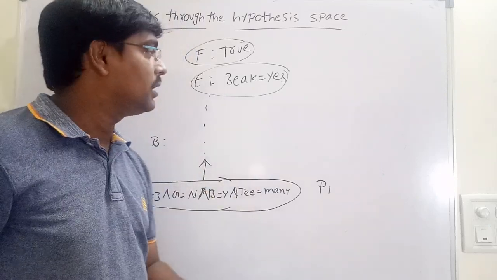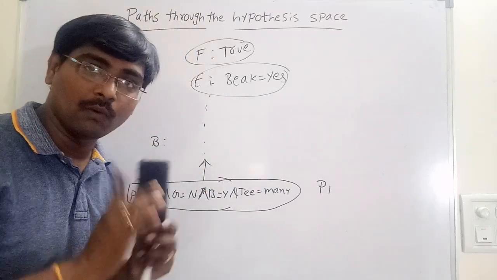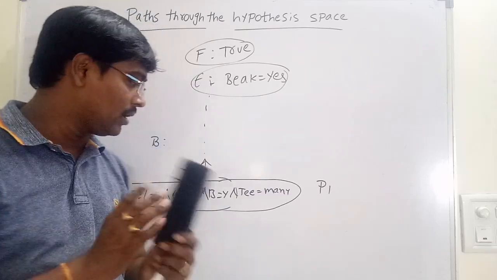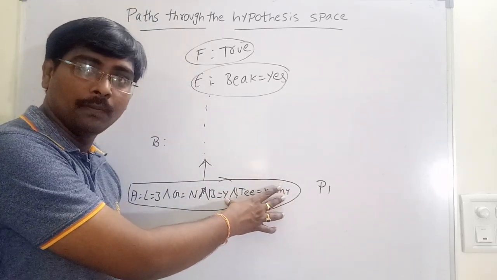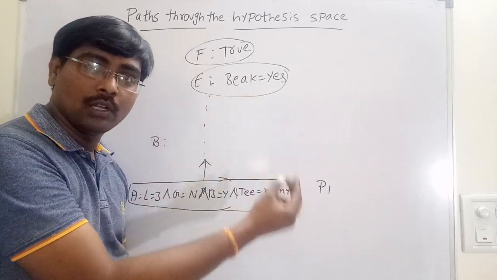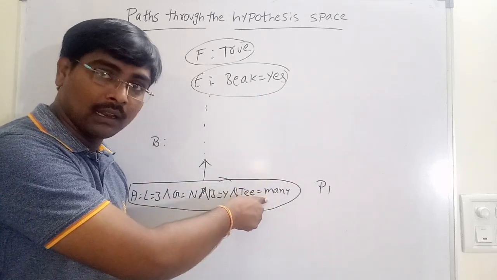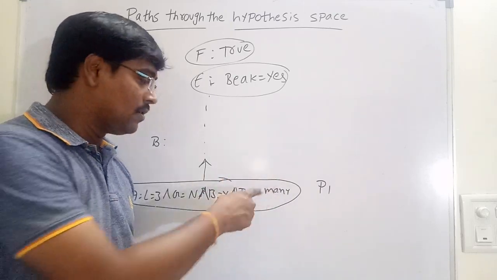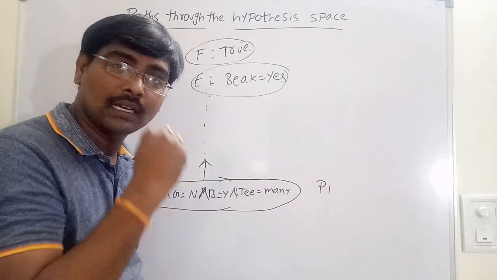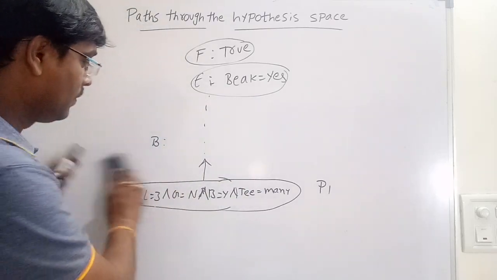The only point is that whenever we remove a literal from this conjunctive form, it covers the positives. If we add a literal, that is a specialization, and it is a concept for negatives.